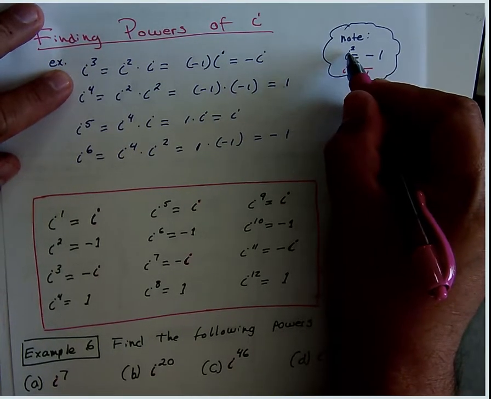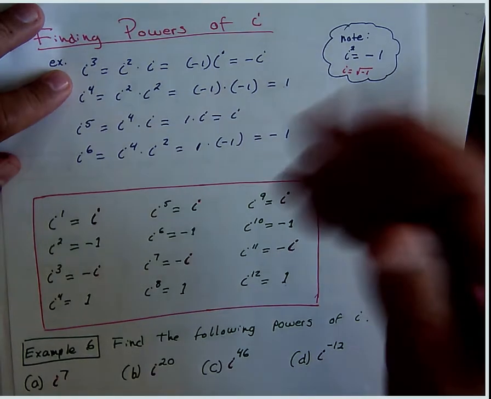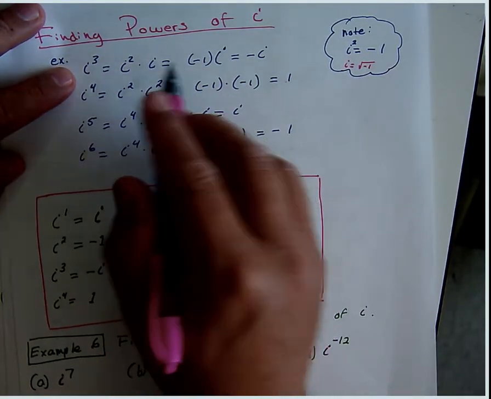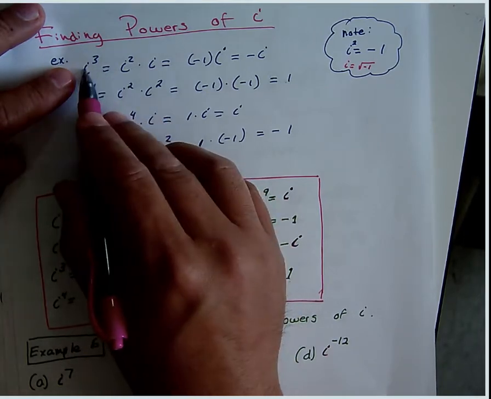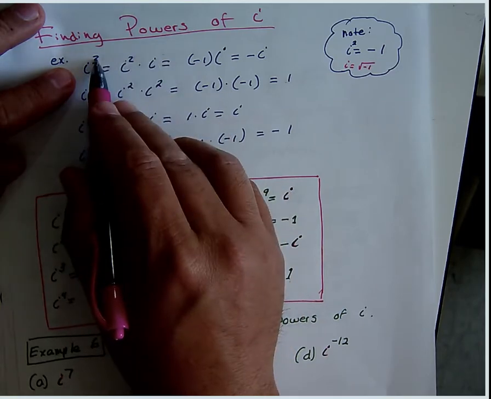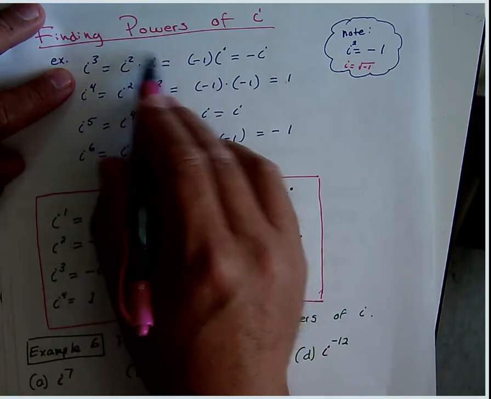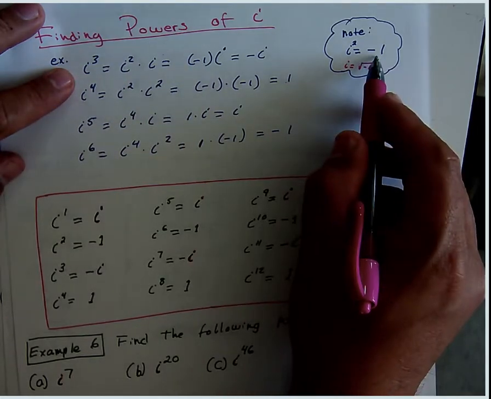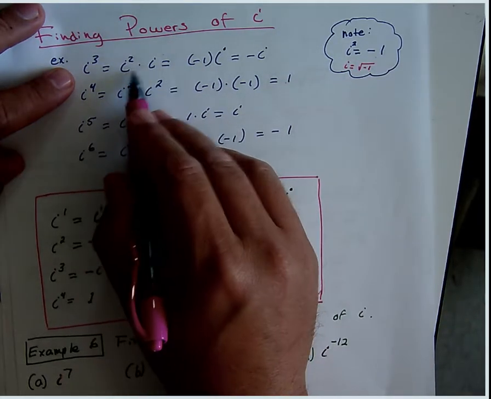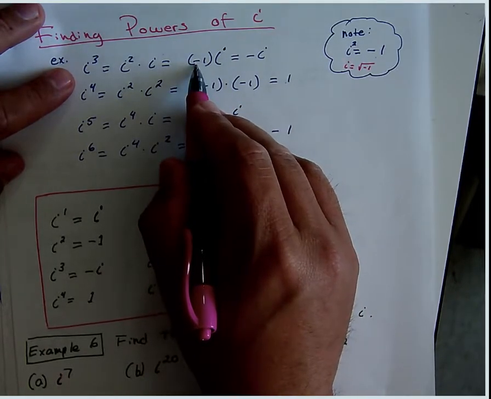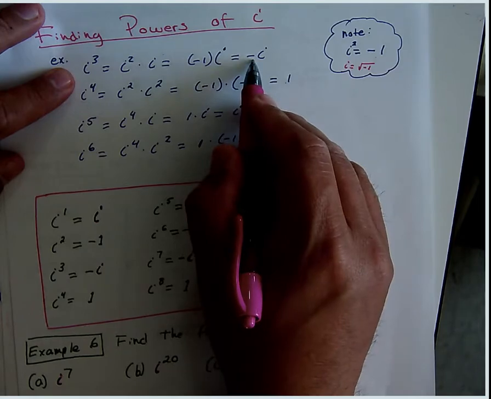You know i squared is equal to -1, and they want to find the subsequent ones, the next ones, i cubed for example. So all they're doing is separating this i cubed into i squared times i. If you add these exponents, they will give you that cube. So why did they do this? Because they know that i squared would be -1. And then that i just stays as i, and then you multiply that -1 times the i, it would give you -i.